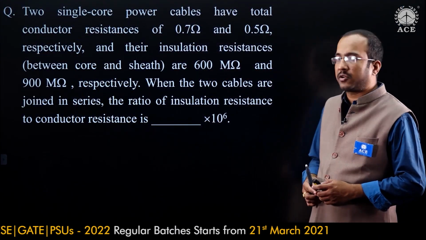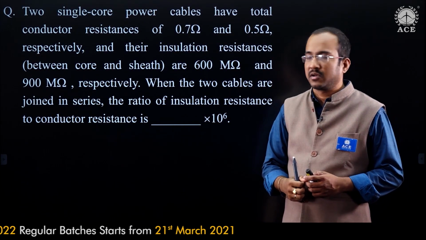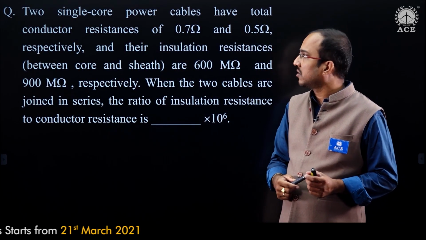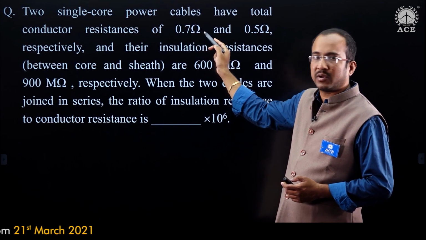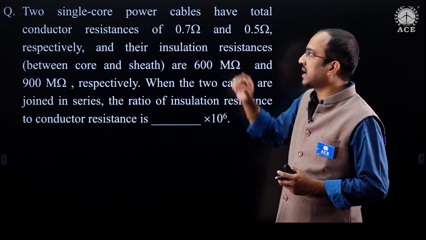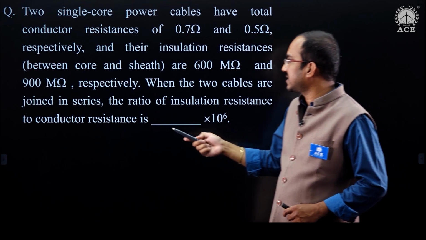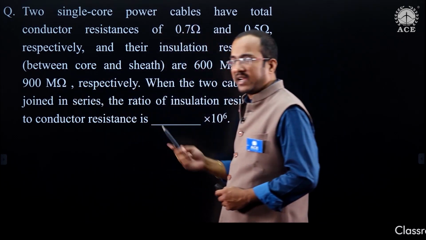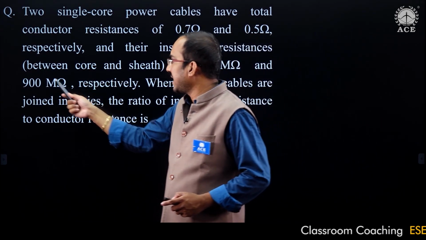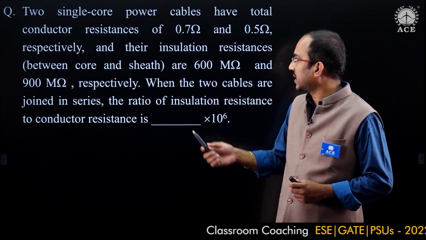Now, let us observe this question. He has given two single core power cables with total conductor resistances of 0.7 ohms and 0.5 ohms respectively. Their insulation resistances, that is between core and sheath, are 600 mega ohm and 900 mega ohm respectively.